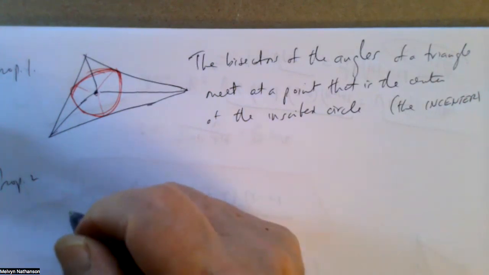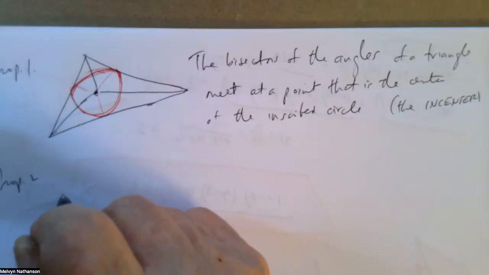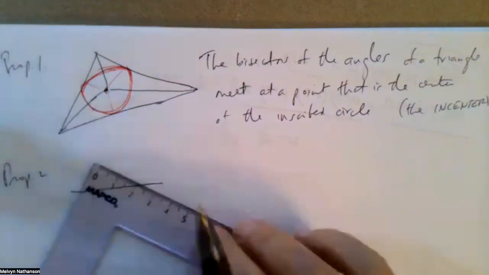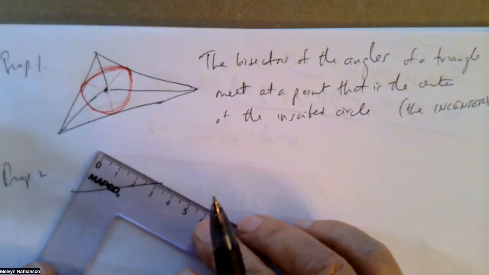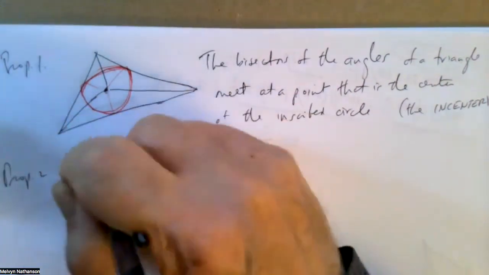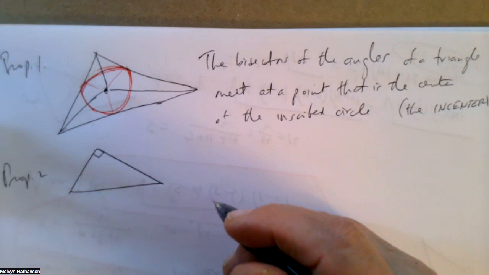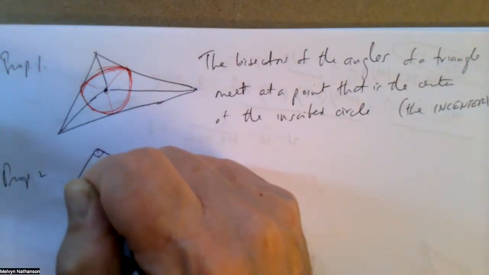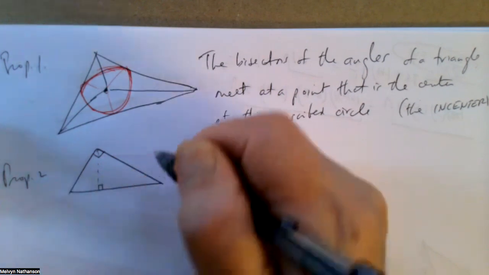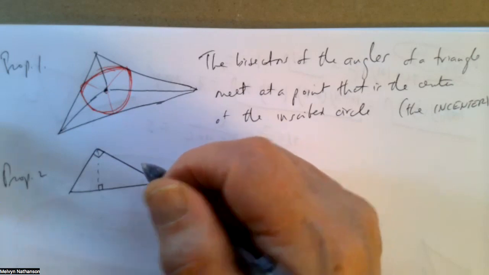The second proposition says, if you have a right triangle, and I'll draw it with the hypotenuse as the base, so this is a right triangle. If a perpendicular is drawn from the right angle to the base, the triangles on each side of it are similar to the whole triangle and to each other.